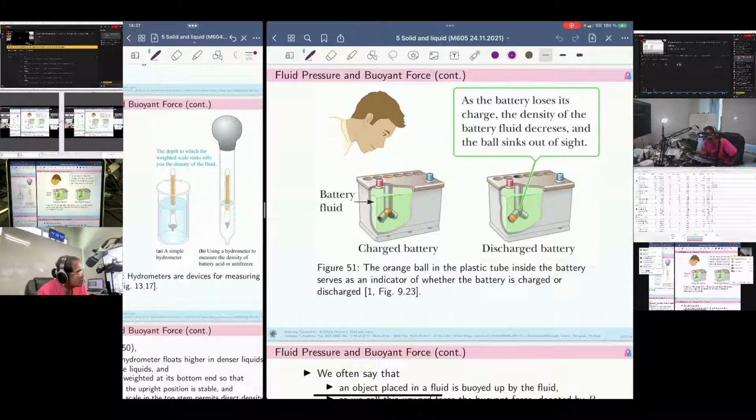Now let's make the judgment, the decision whether that object is going to float or sink into the water. On the left side we have an object in a cubic shape, right? With width, length, and height. And you also have another object.